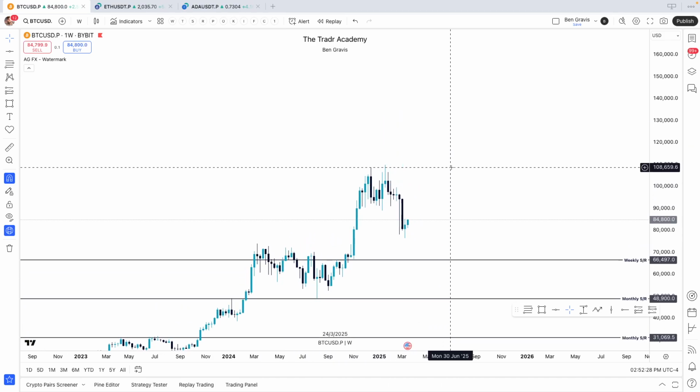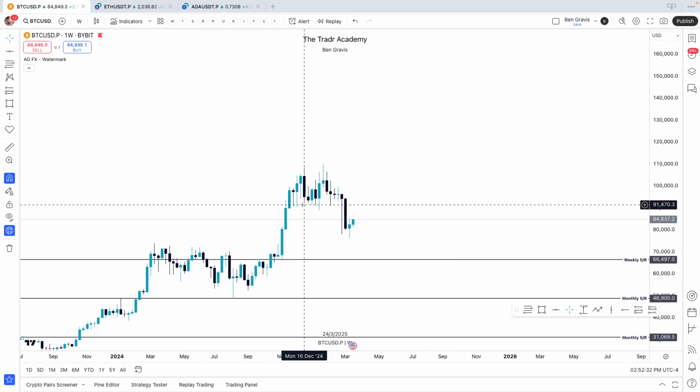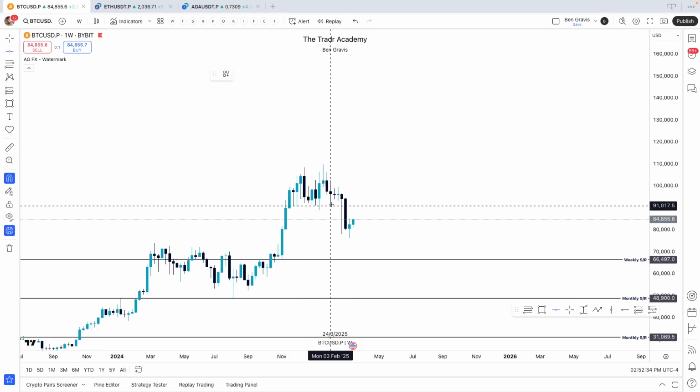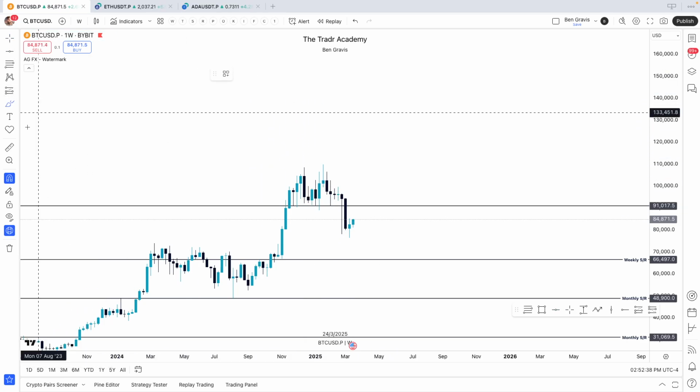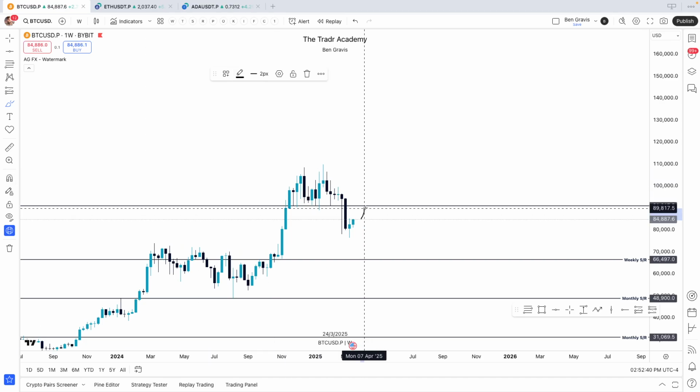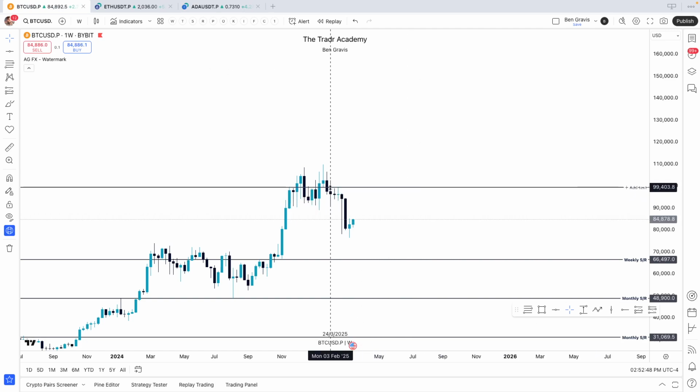And here, there's nothing. This is just acting as a resistance for now. Maybe in the future this can become support, but we don't have that yet. So in here, you don't want to place that level. And here it's only resistance.